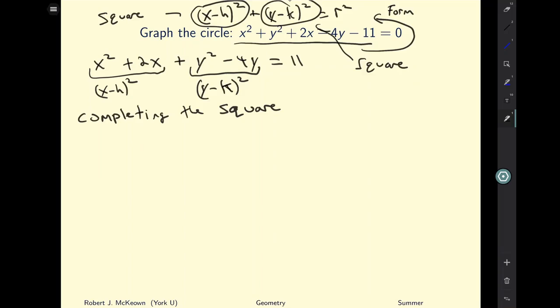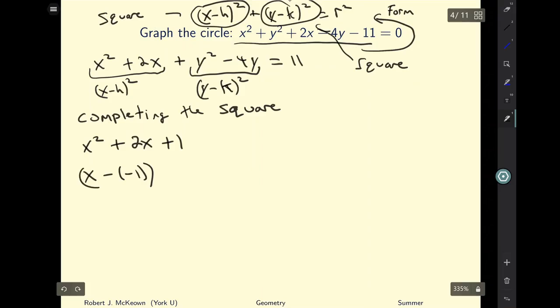How are we going to do this? Well, take a look. x squared plus 2x plus something. If I write x squared plus 2x plus 1, that's going to look like x minus 1 squared. And now it's a square. We've completed the square. How did I do that? I had to add 1.